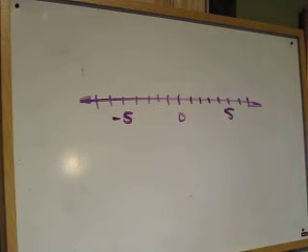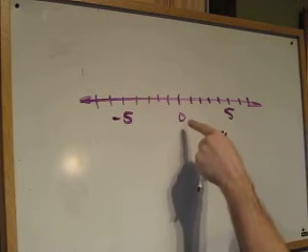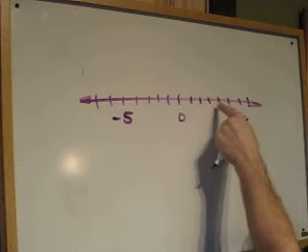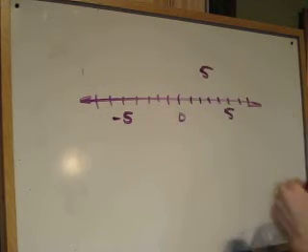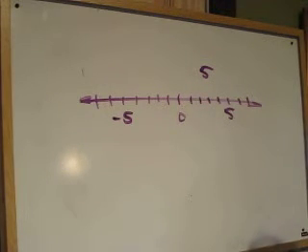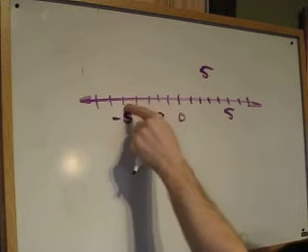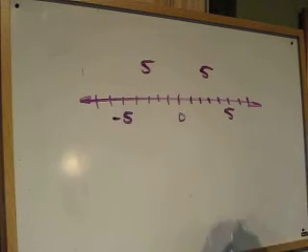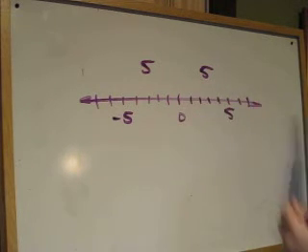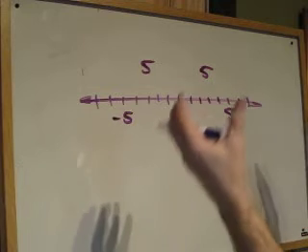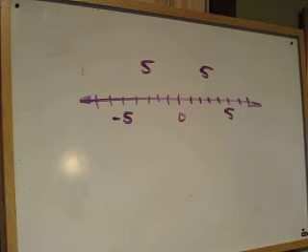We may just want to know how far away that number is from 0. So for example, this 5 is 1, 2, 3, 4, 5 spaces away from 0. This negative 5 is 1, 2, 3, 4, 5 away from that 0. They're the same distance away. One is going in one direction, one is going in another direction, but they're both the same distance.